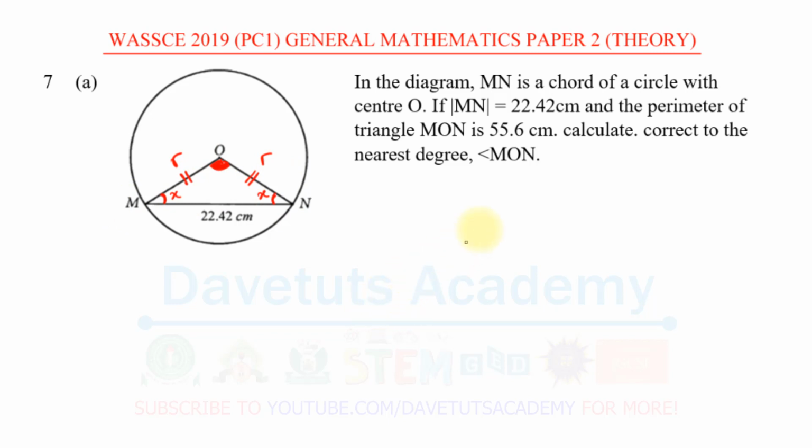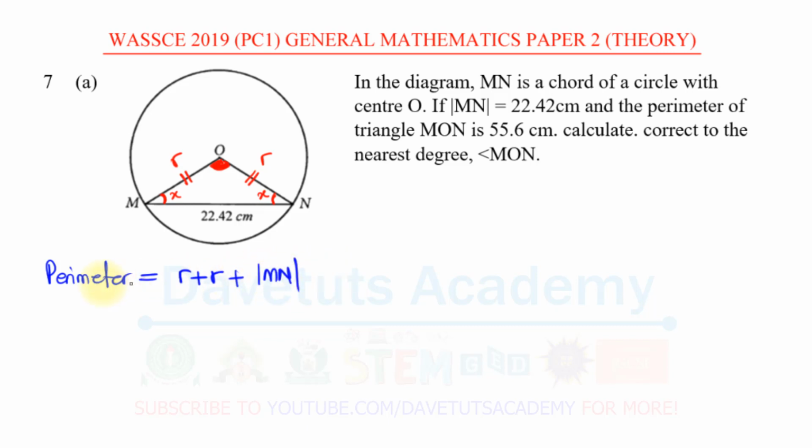Okay, so this is the radius of the circle from the center to the circumference, and this will seriously help me to solve this question now, because I was given that the perimeter was 55.6 centimeters. But I know from understanding of perimeter that for this triangle, the perimeter is going to be r plus r, that's the radius, plus line MN.